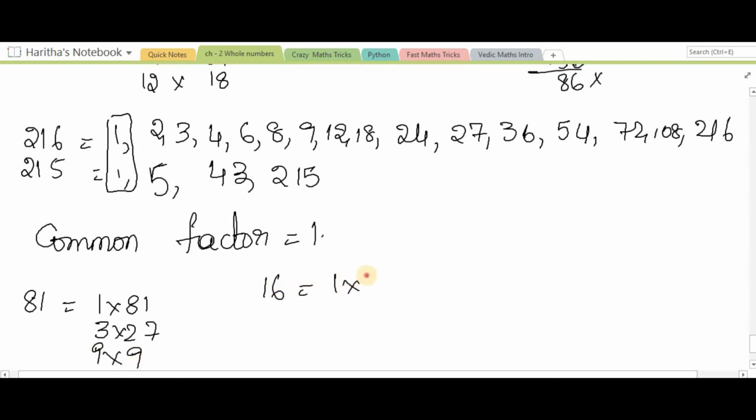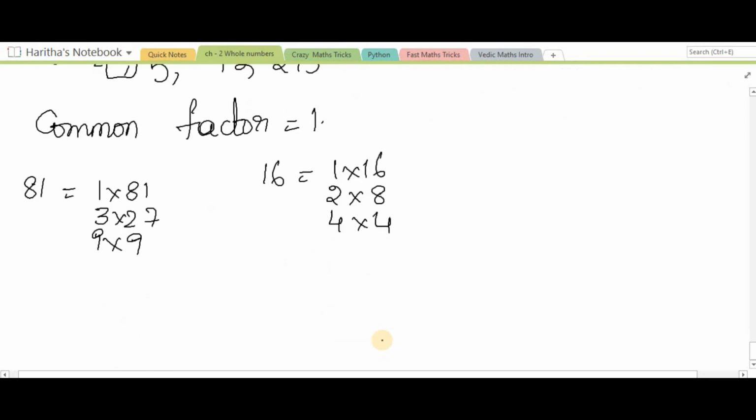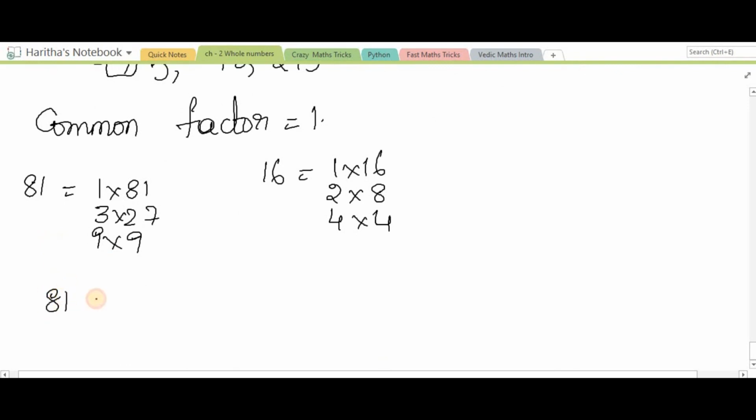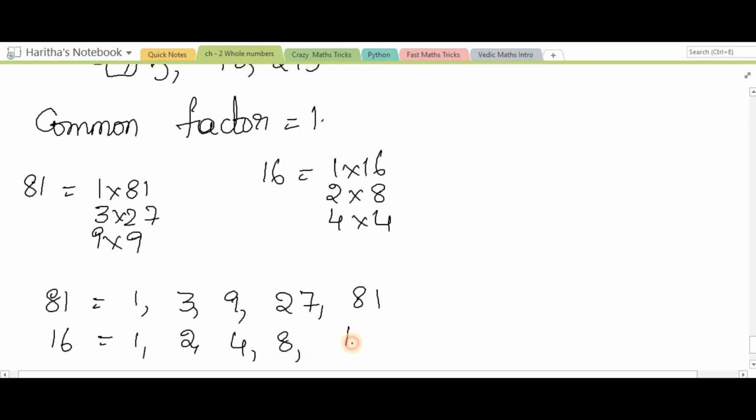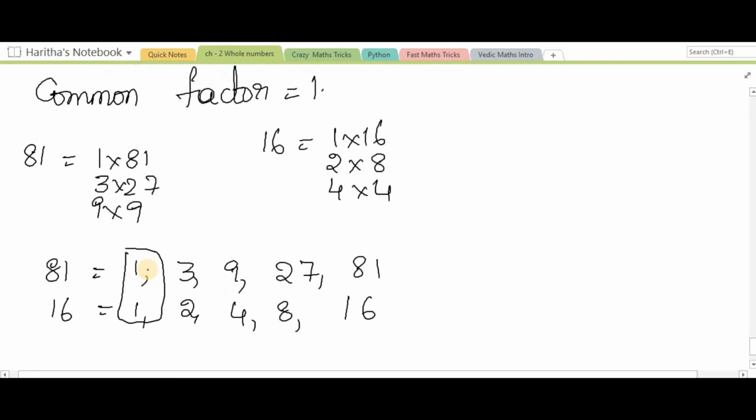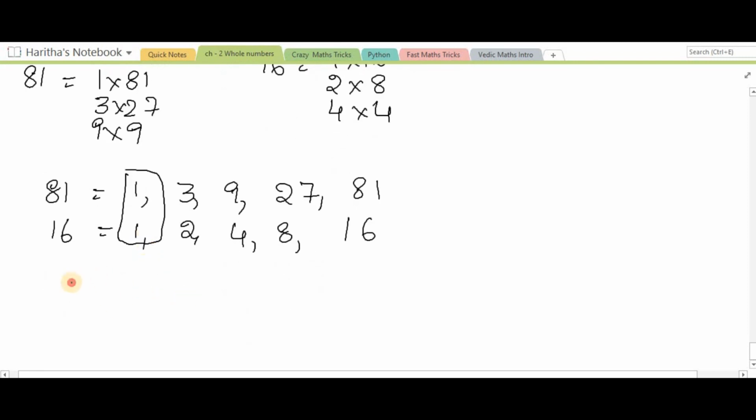And 16: 1 16s are 16, 2 8s are 16, 4 4s are 16. 81: 1, 3, 9, 27, 81. Now in the same way, 16: 1, 2, 4, 8, 16. So by this we can easily get only 1 is a common factor. So that is the reason 81 and 16 are also co-primes.